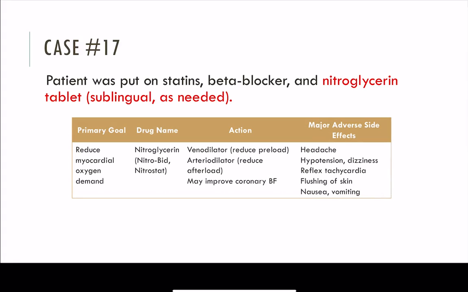It is a vasodilator, so it can reduce myocardial oxygen demand. It does this in a big way by doing venodilation, so you have less preload getting back to the heart. It also dilates arteries, which is going to decrease afterload. And then if you can get those coronary vessels to dilate, you can increase coronary blood flow.